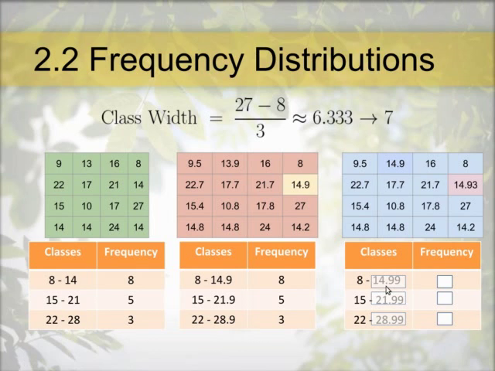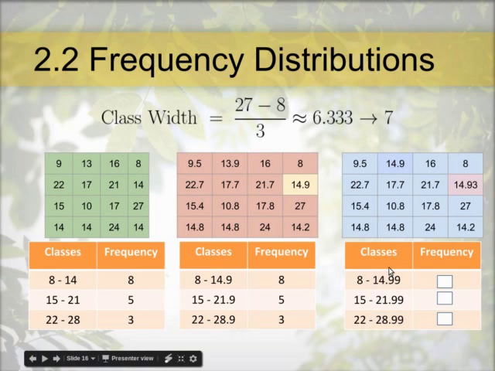But now I subtract 0.01 because I have a data point that goes out to the hundredths place. So that leaves me with upper class limits of 14.99, add 7 to get 21.99, and add 7 to get 28.99. And again, add up everything in each of the classes, and you've got 8, 5, 3.